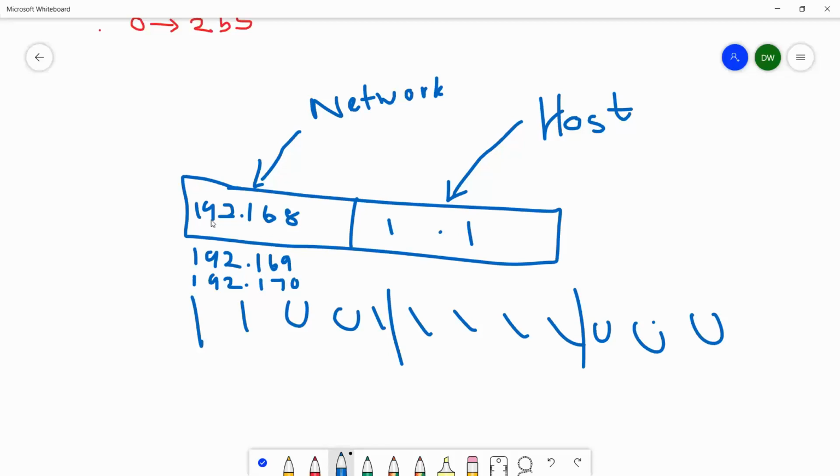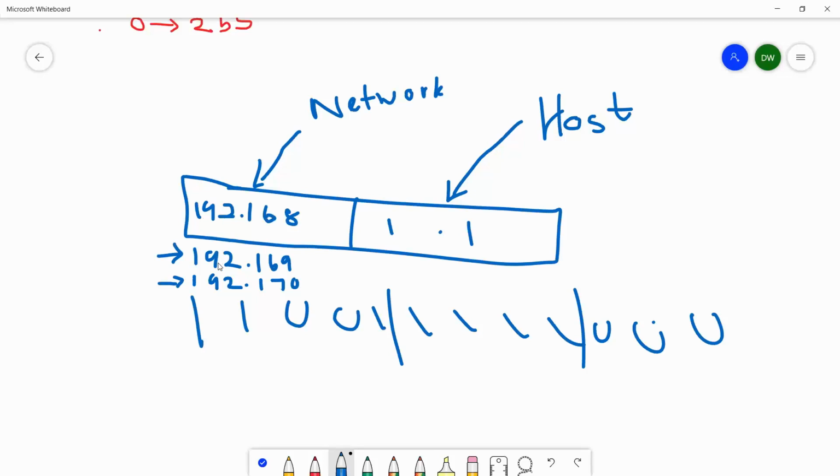So the 192.168 network can contain many computers, the second network can contain another set of computers, and the third network can contain another set of computers, right?